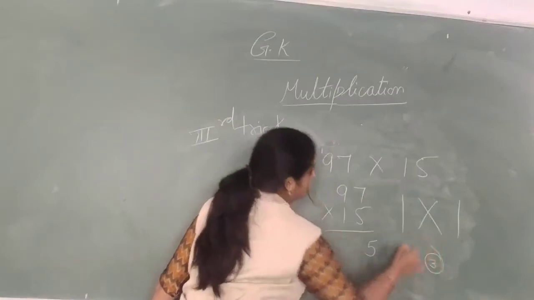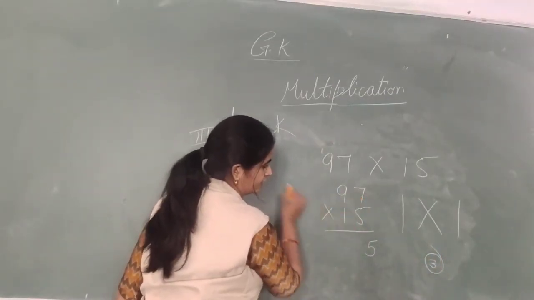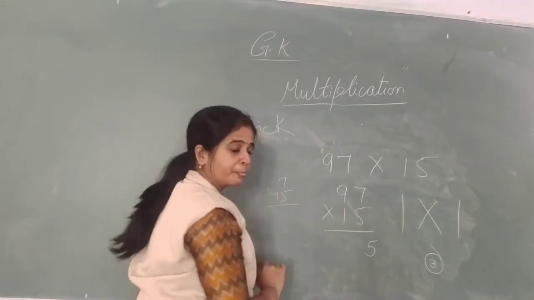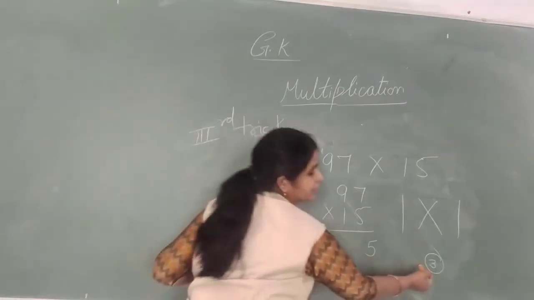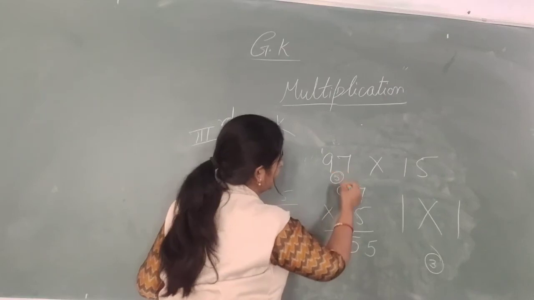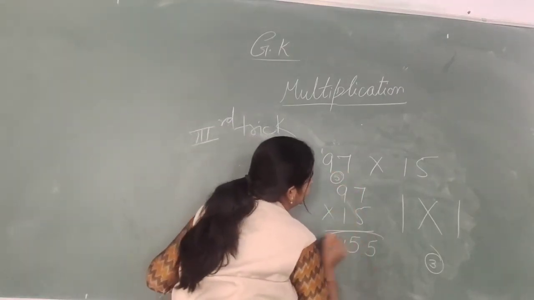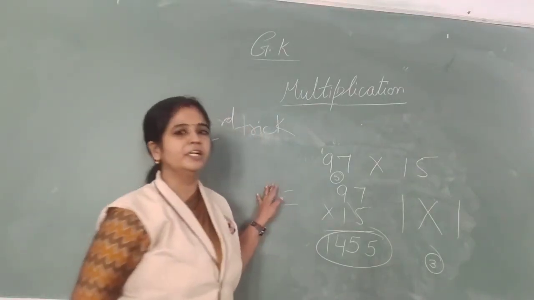I have written here 3 carry. Now multiply in cross. 7 1s are 7. 9 5s are 45. 45 plus 7 is 52. 52 plus 3 is 55, 5 carry. 9 1s are 9, 9 plus 5 is 14. That is your answer. That is the other way to solve.